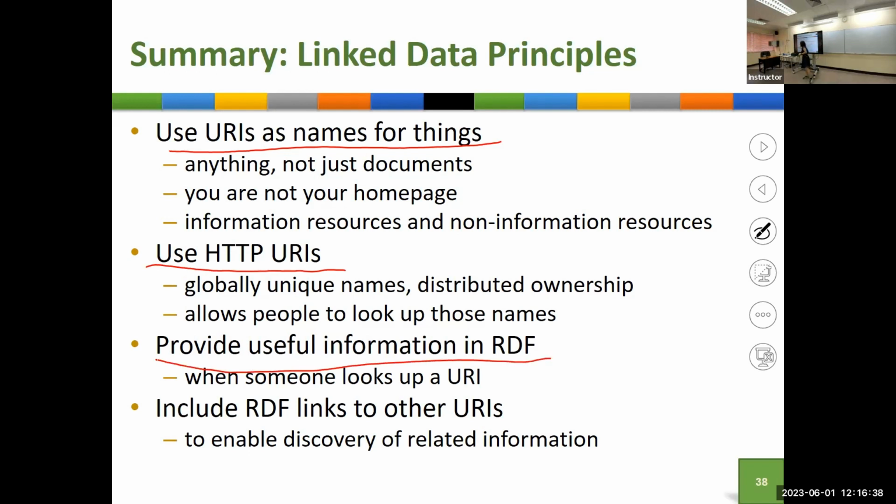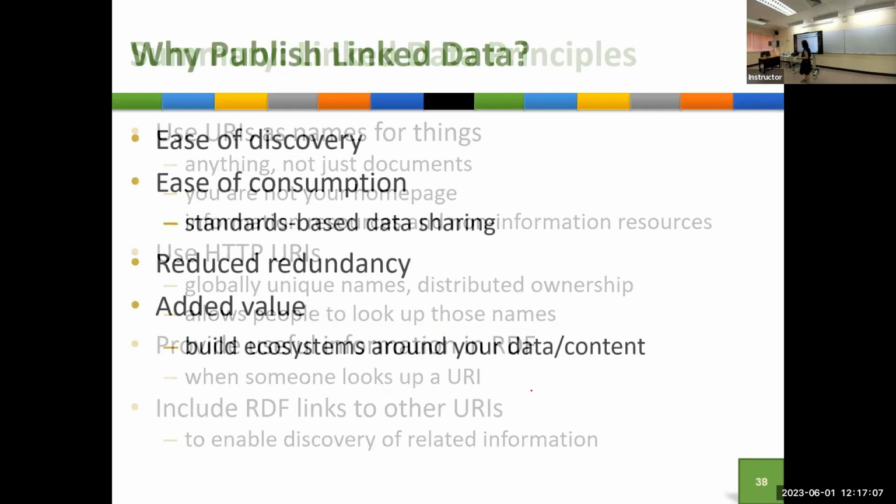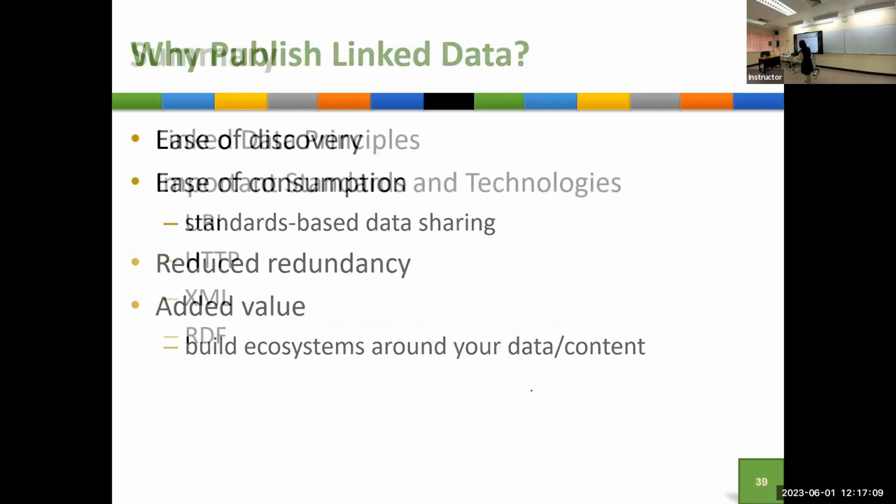Third, not only useful information in human format, but also in RDF, which is a machine processable format. And then try to make your linked data link to others outside of your linked data space. So these are the things about linked data.